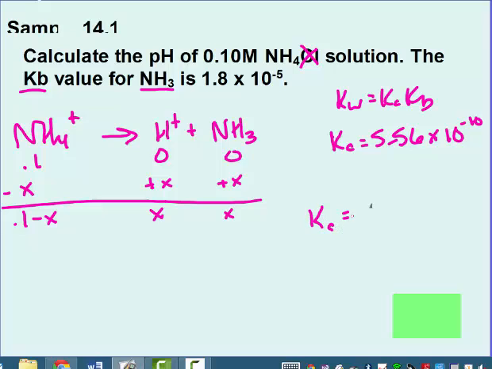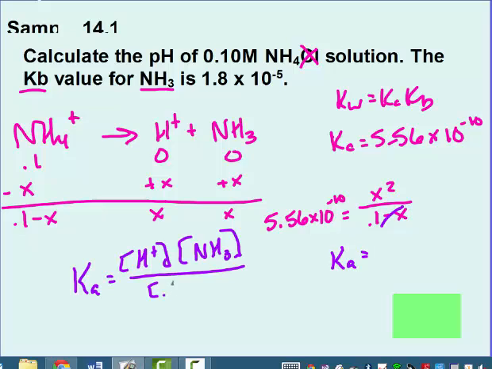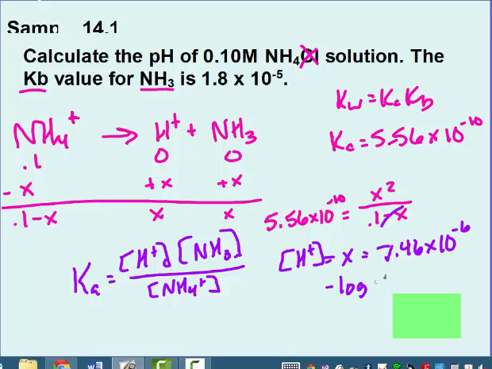And make sure that you wrote your equilibrium expression. I said negative what? And what does x equal? H plus. So if I take the negative log of H plus, you get pH, and pH equals 5.3? 5.13?